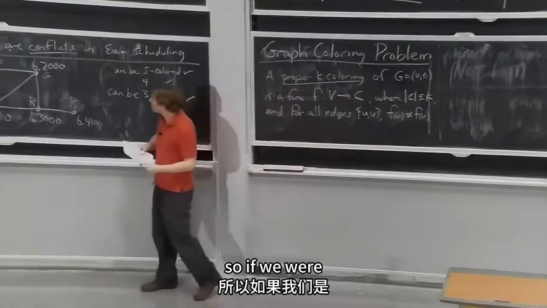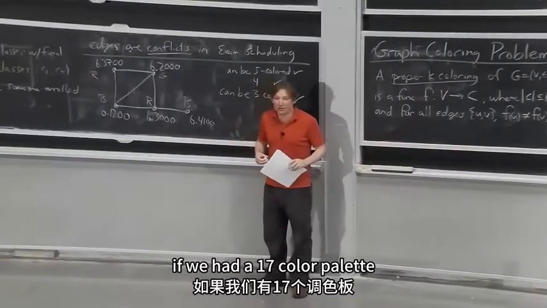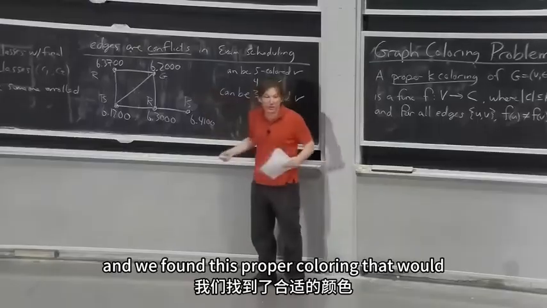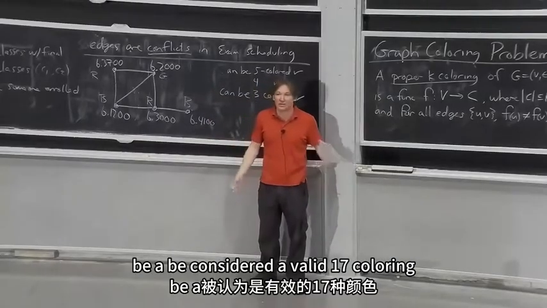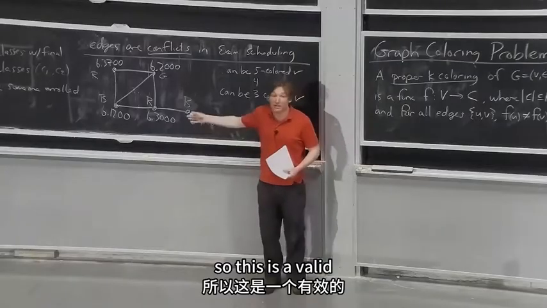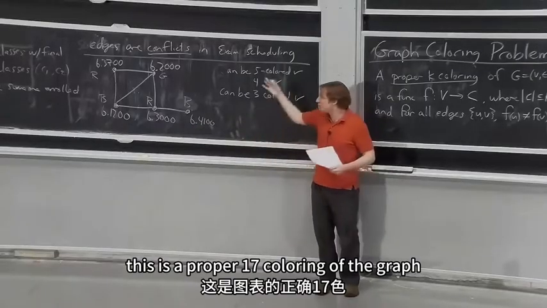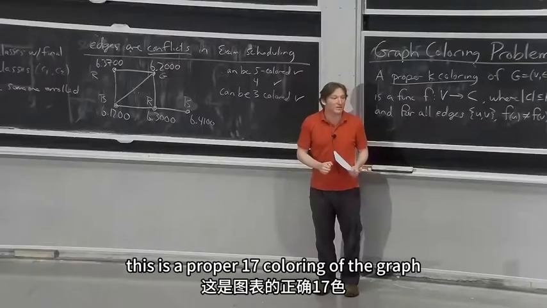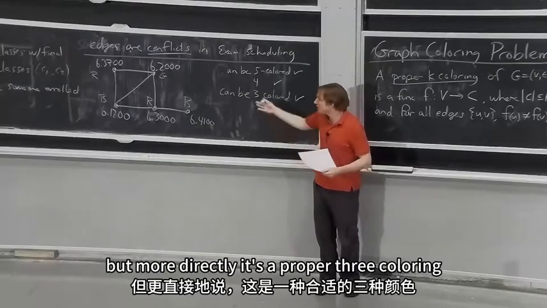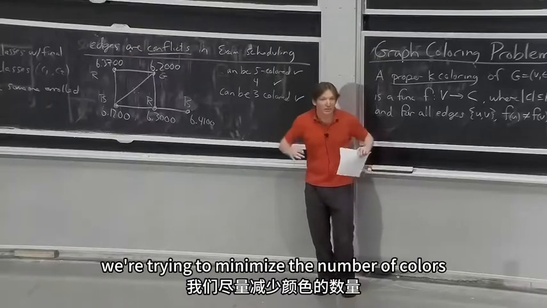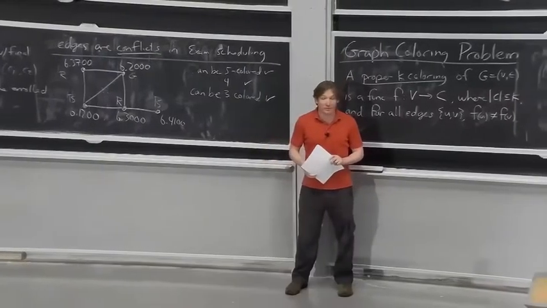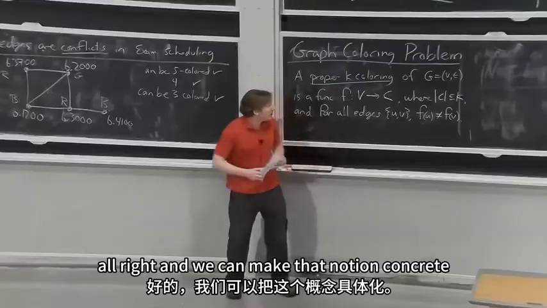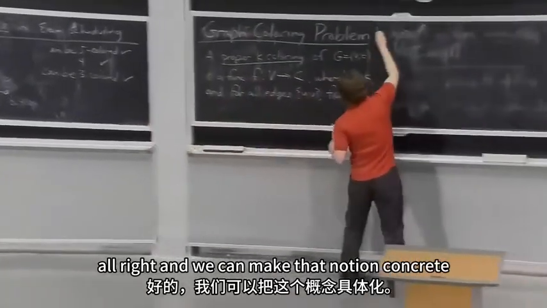So if we had a 17-color palette and we found this proper coloring, that would be considered a valid 17 coloring. So this is a proper 17 coloring of the graph. But more directly, it's a proper 3 coloring, because usually we're trying to minimize the number of colors. All right? And we can make that notion concrete.